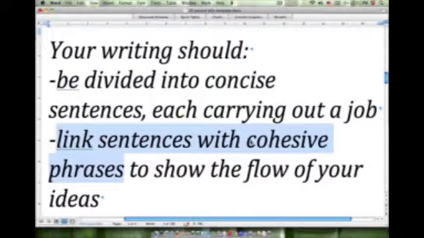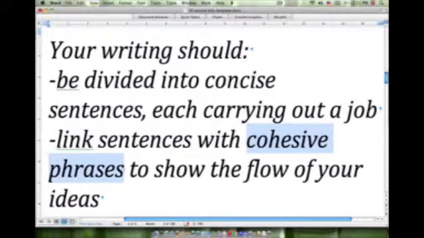To me, I think this is a very easy thing that you can include in your writing to really convince your reader that your ideas are flowing together and that they are linking in an effective way that proves whatever point you are analyzing or supporting or refuting. I think everybody should know what a cohesive phrase is.